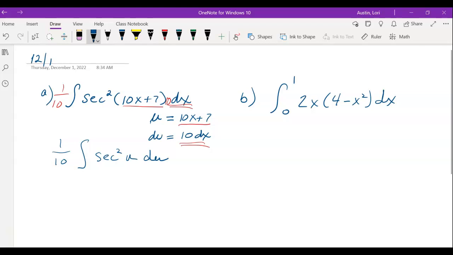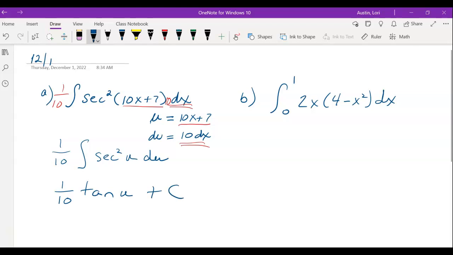What's the integral of secant squared? Tangent, right? 1/10 stays. Don't forget, this is an indefinite integral. What do you need? And then the last step.